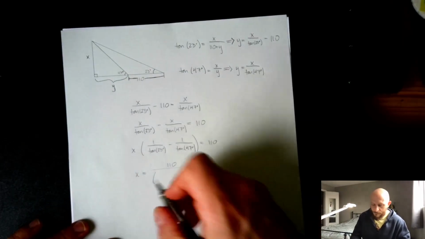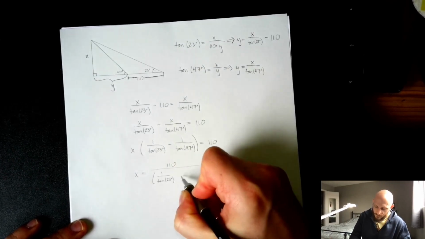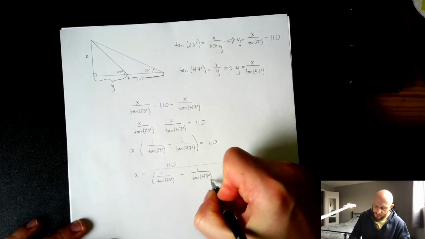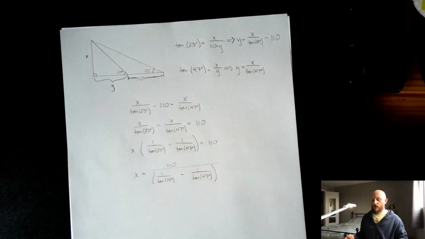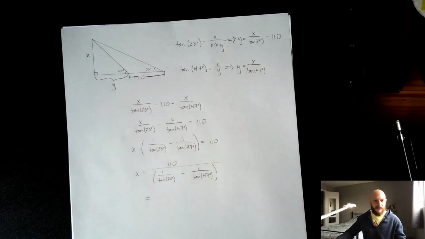You can divide it over. Minus 1 over tangent of 47 degrees.